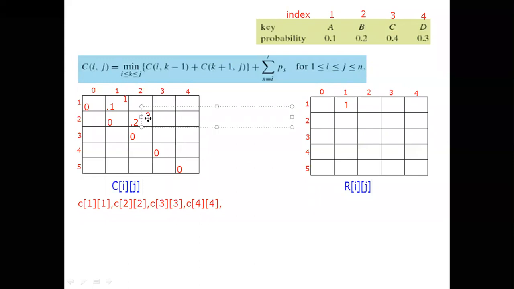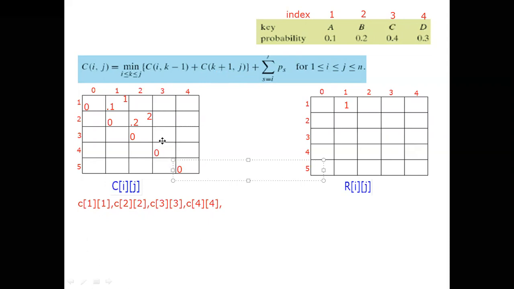The first two diagonals are very easy to fill. The last two diagonals will be a little bit of a problem. You have to clearly understand this formula, which I have to apply. Later we will see. Next is 3 3. What is 3 3? We are considering only the third key. What is the value? 0.4.